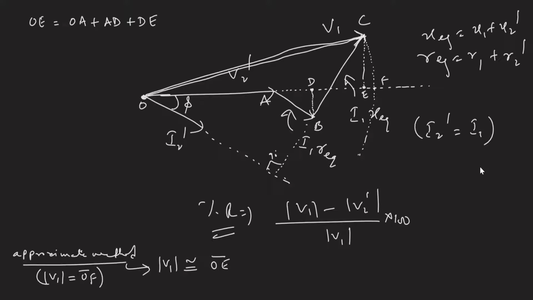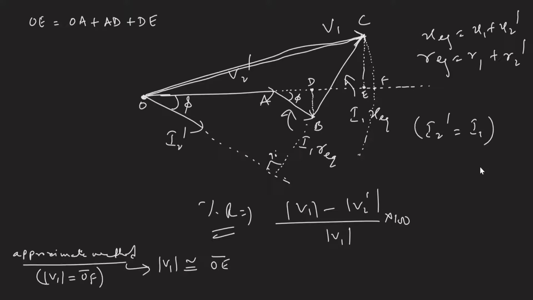Now I want to calculate AD and DE, but I know the phasor AB has a magnitude of I1 R equivalent, and this is the load angle phi, and this is also phi.